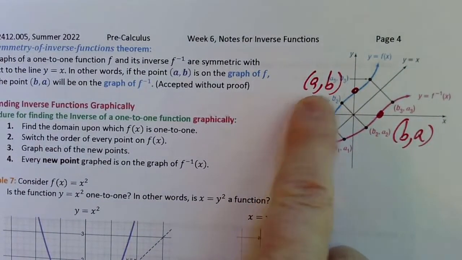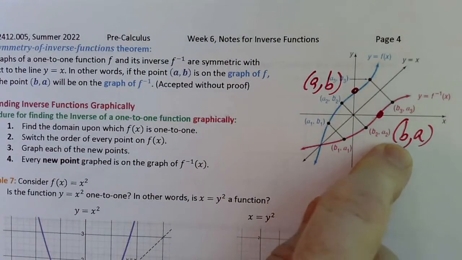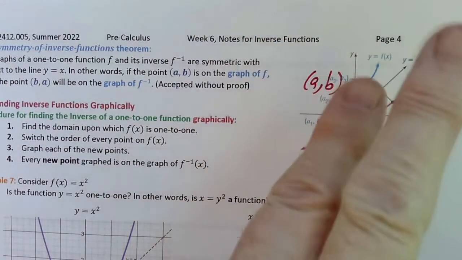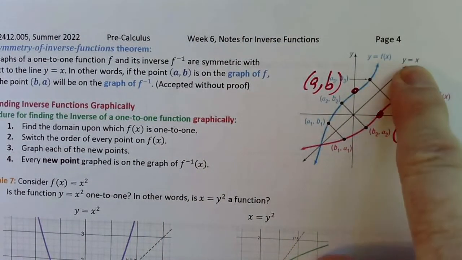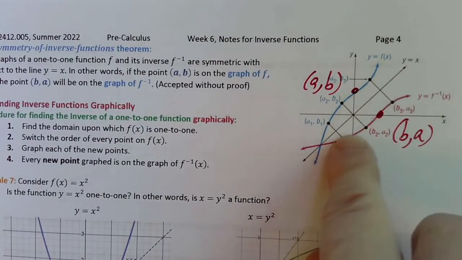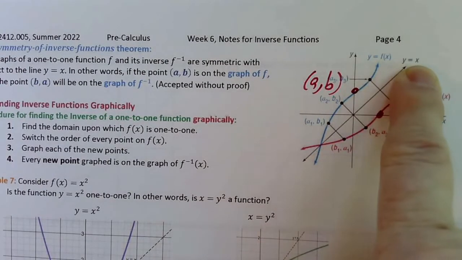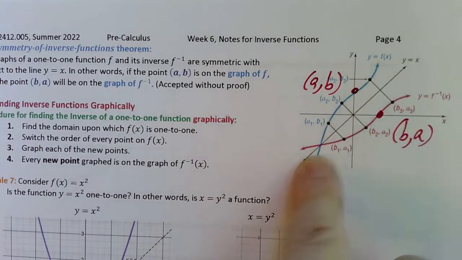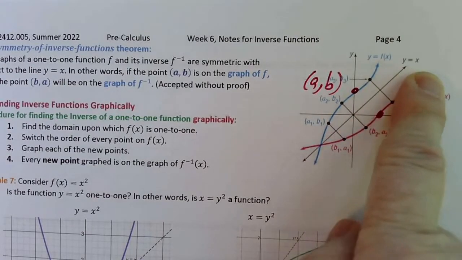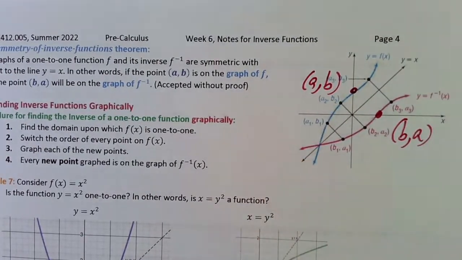A function and its inverse have the same points, just flipped. A function and its inverse are symmetric with respect to the line y equals x. That's the line that cuts the first quadrant and the third quadrant in half.